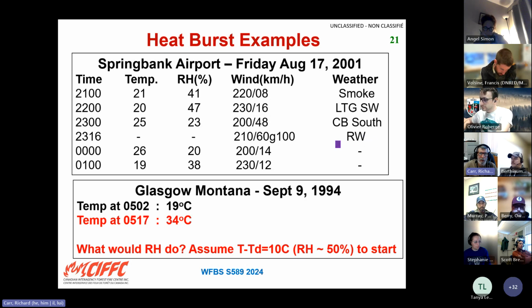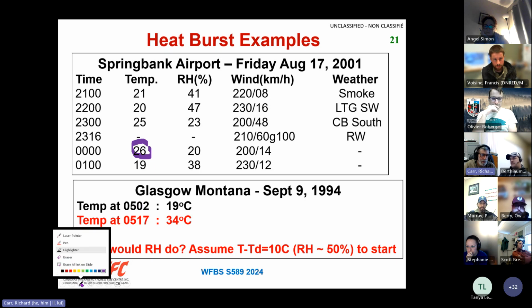They did report a rain shower, and maybe the lightning activity had stopped by that point. If it was an active thunder shower still, it'd have a T in it, TRW. But yeah, the temperature jumps up at midnight. It's still sitting at 26 degrees. Then by 1 a.m. it dropped down to 19, so it just continued on its merry overnight type of trend by that point.